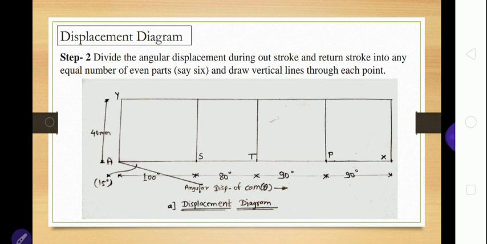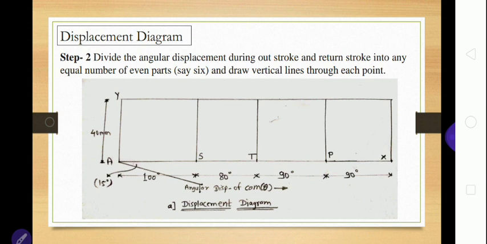So we will follow one small procedure to divide the linear distance AS into 6 equal parts, which we will see first. For that purpose, draw one line from S at 15 degree or 20 degree or 25 degree, a small angle. Let us consider here 15 degree.